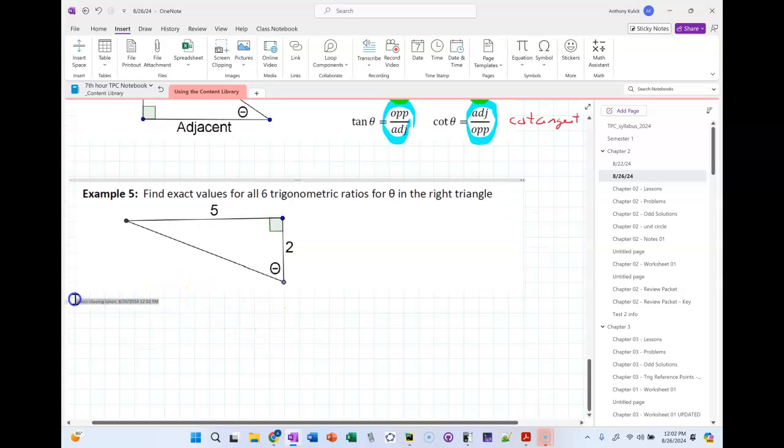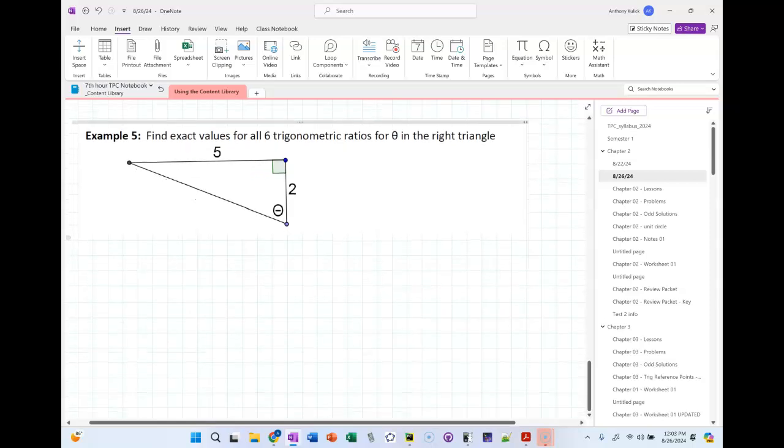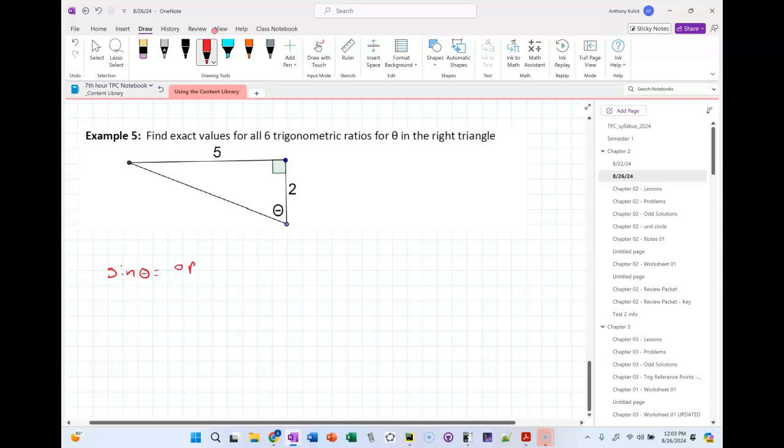So it says here, find the exact values for all 6 trigonometric ratios for theta in the right triangle. So what I'm going to do is just start by writing down the 6 ratios and their definitions. So I'll say sine theta is opposite over hypotenuse.